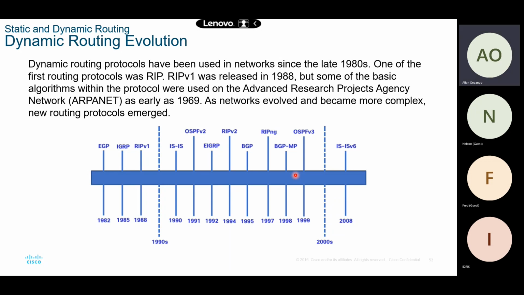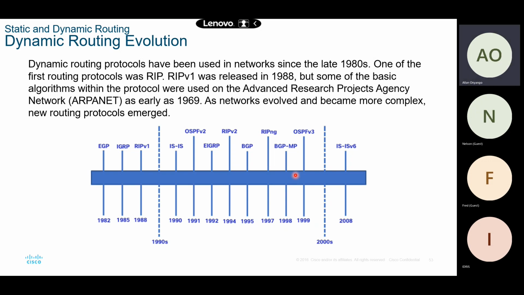Then in 1988 is when RIP version 1 was born. Okay. So RIP, which is the Routing Information Protocol, can only accommodate up to about 15 routers. That's a very small network, and that's why RIP is not very common.